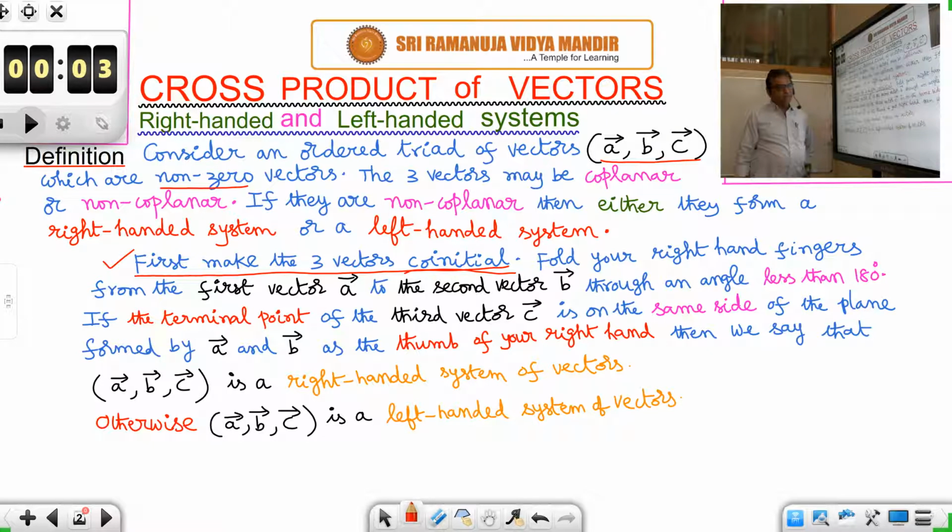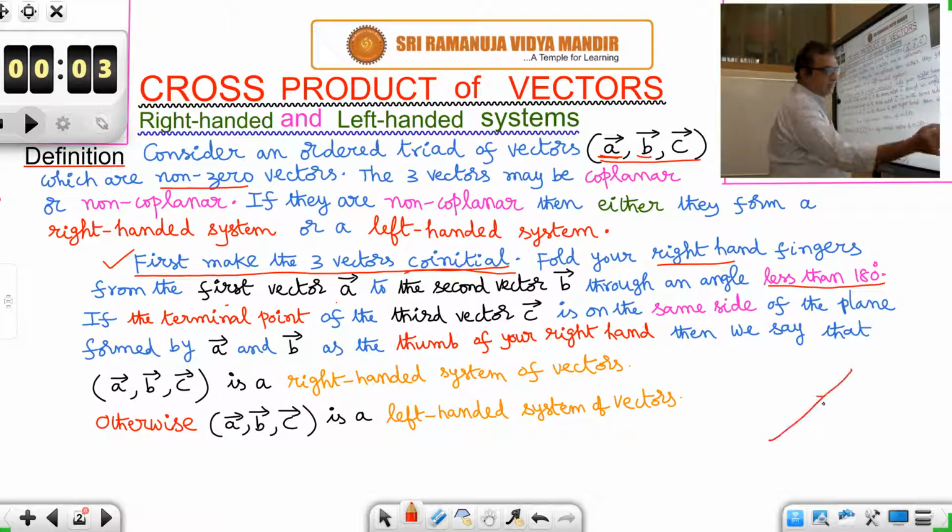First, make the three vectors co-initial. Then fold your right hand fingers from the first vector A bar to the second vector B bar, through an angle less than 180 degrees.